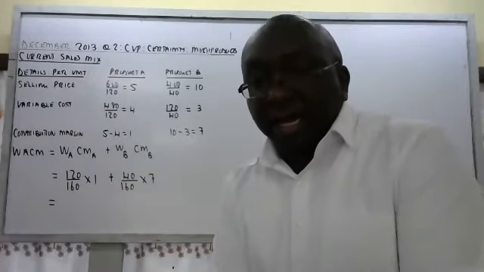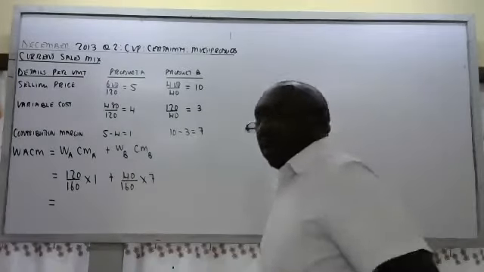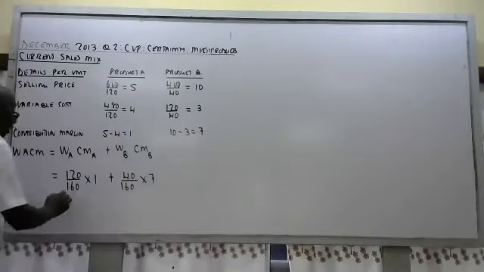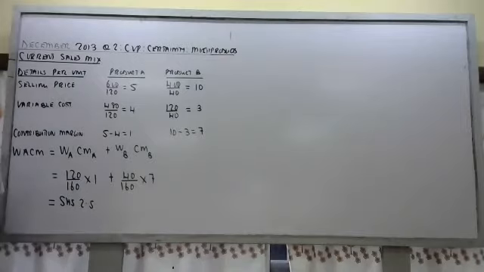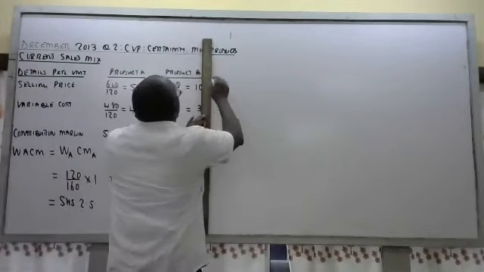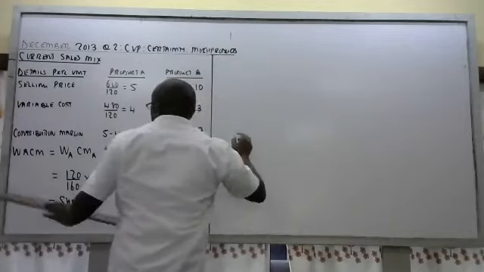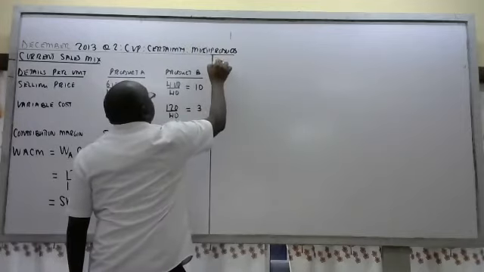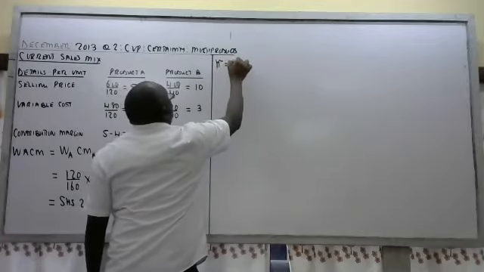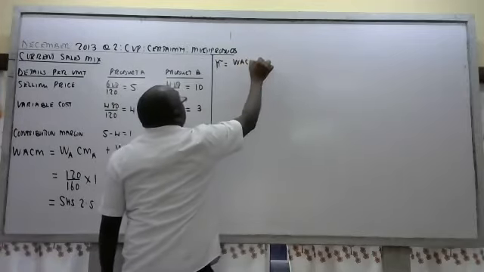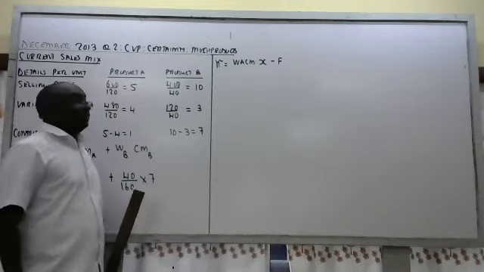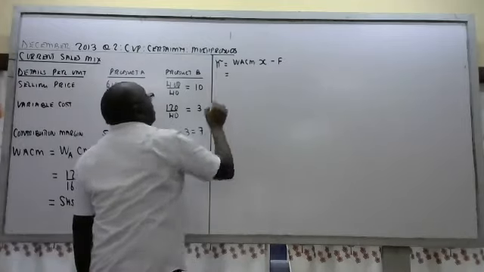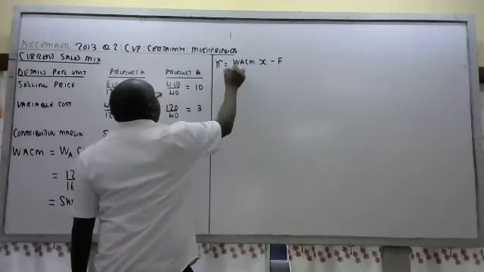Okay, I can see Jack, I can see June, I can see Varim talking of 2.5. It is shillings 2.5. So if it is shillings 2.5, if you want to get the profit, profit is given as weighted average contribution margin, X minus F. So this will be 2.5.